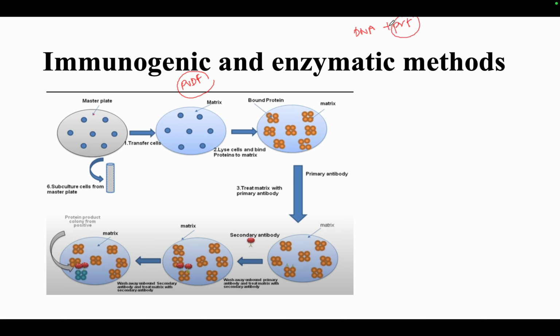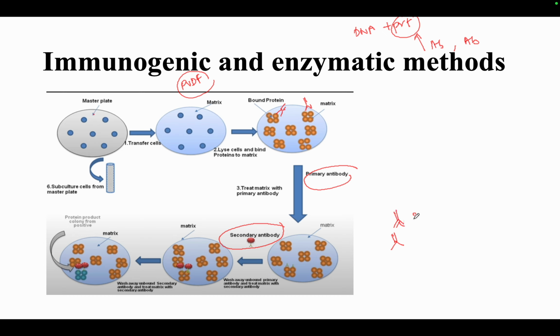If we have an antibody against these proteins, such as our abundant protein which we have overexpressed, we can just add antibody. We can add primary antibody, and then add secondary antibody to the same matrix. The secondary antibody will go and bind to the primary antibody like this.